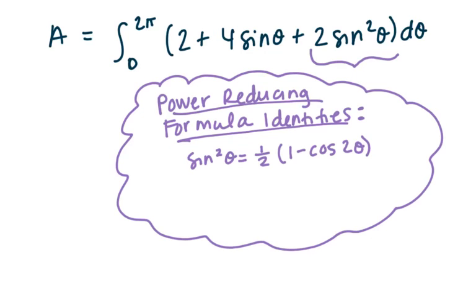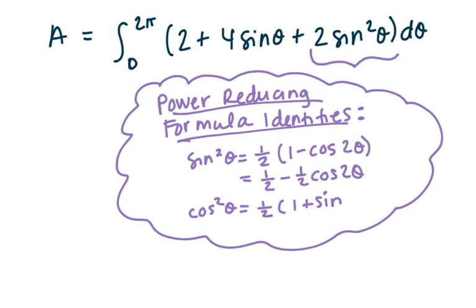Okay, and a lot of times you'll see that actually multiplied out as 1/2 minus 1/2 cosine 2 theta. That's how I write it a lot of times. And then cosine squared theta is almost the same thing. It's 1/2 times 1 plus cosine 2 theta, which again, often you'll see it actually distributed through as 1/2 plus 1/2 cosine 2 theta.